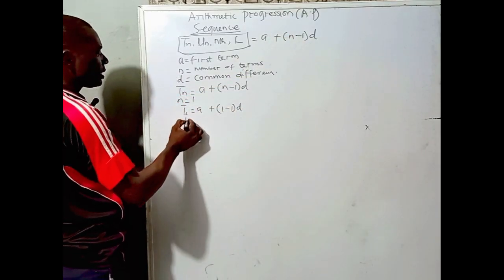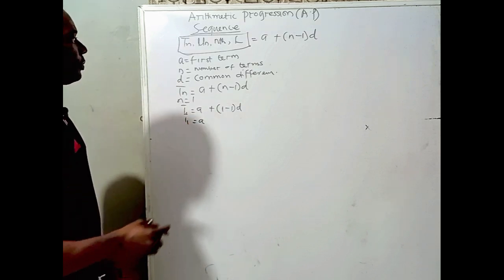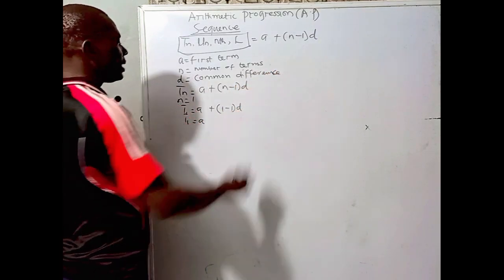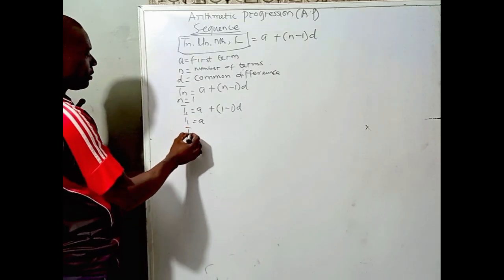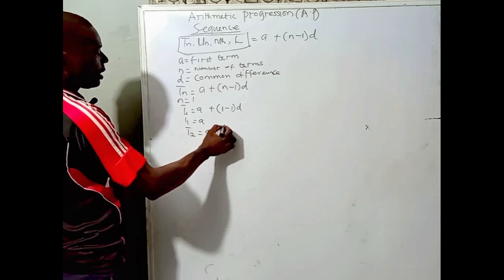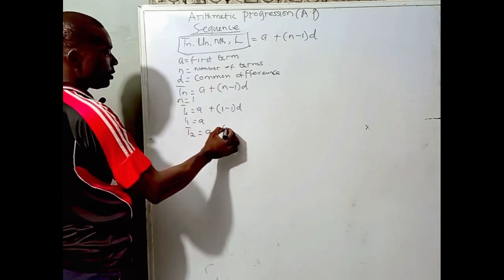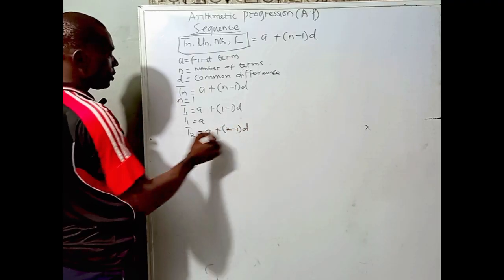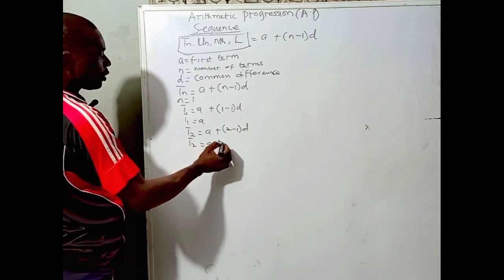So the first term T1 is usually a. Then if you are looking for the second term, T2 is a plus, now in place of n you put 2, so 2 minus 1 times d. So the second term is a plus d.